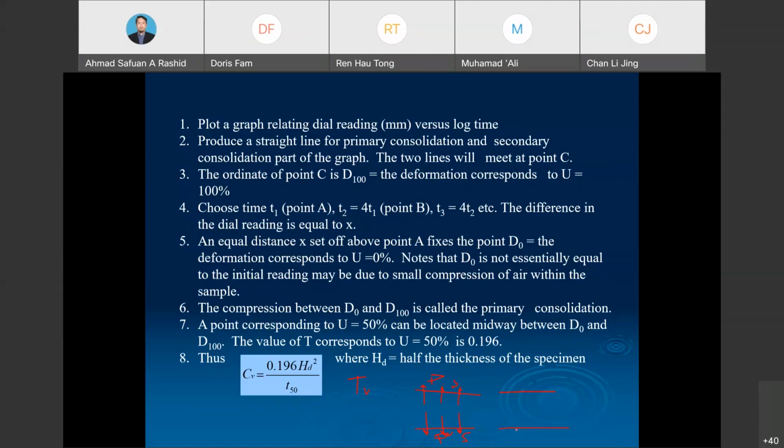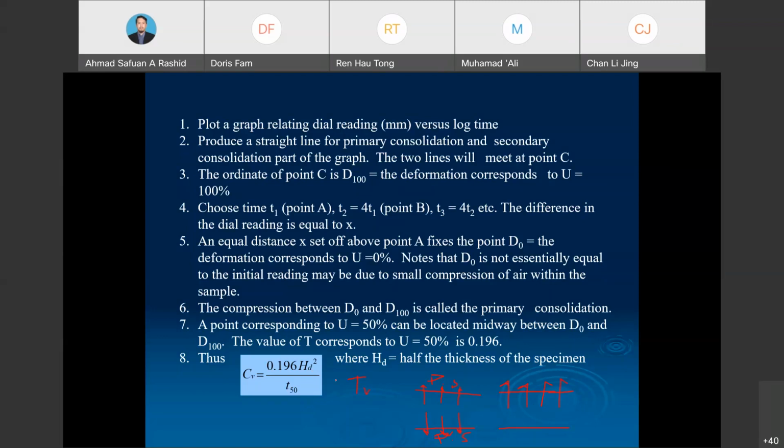Maknanya aluminium plate, air tak boleh penetrate ataupun transmit or moving out from the aluminium plate. So it's only allow for a one way or one direction of flow. So in that case, HD should be divided with 1.